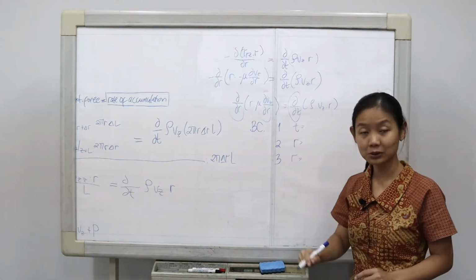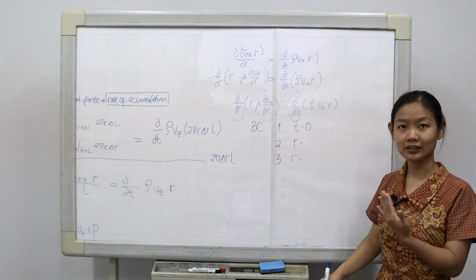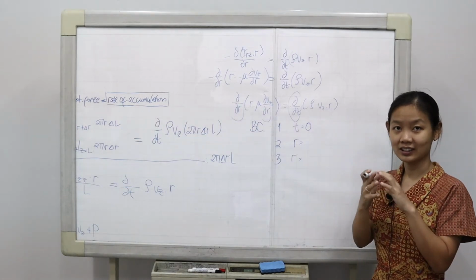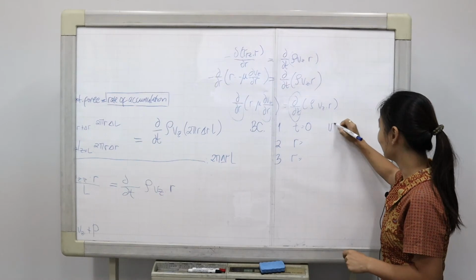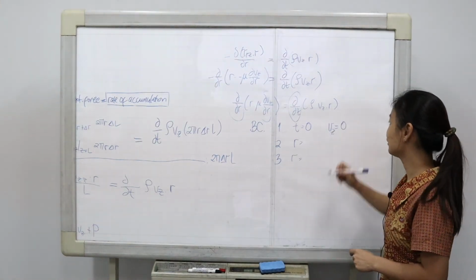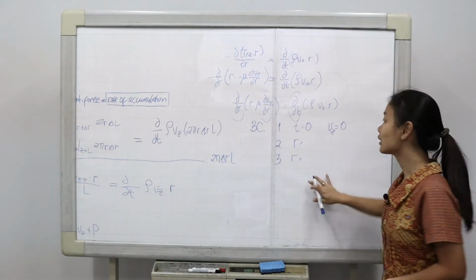For the first boundary condition, at t equal to 0, at the beginning of the phenomena, Vz equal to 0, because nothing moves everywhere.